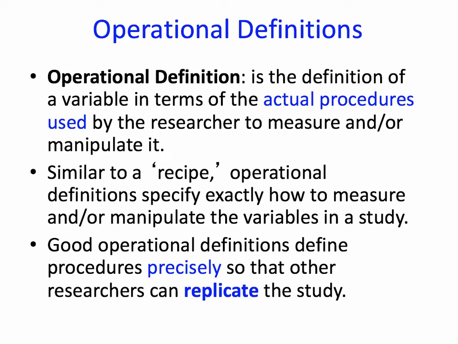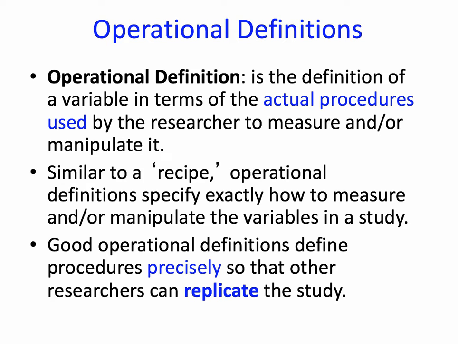It's the actual procedures used by the researcher to measure or manipulate that particular concept. So I like to think of an operational definition, which is different from the conceptual definition, as a recipe. What are the ingredients that it takes to actually measure or create this particular concept?